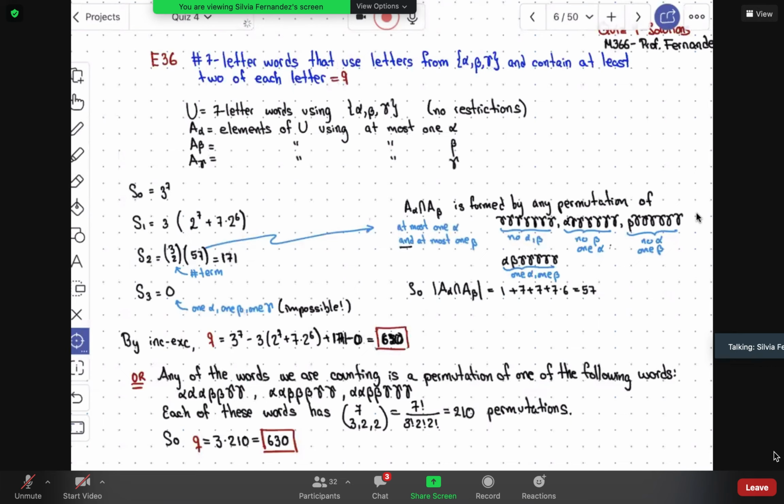the string problems. And so when you contain at least 2 of each letter, what we want to avoid is having at most 1 of one letter. So these are my sets.